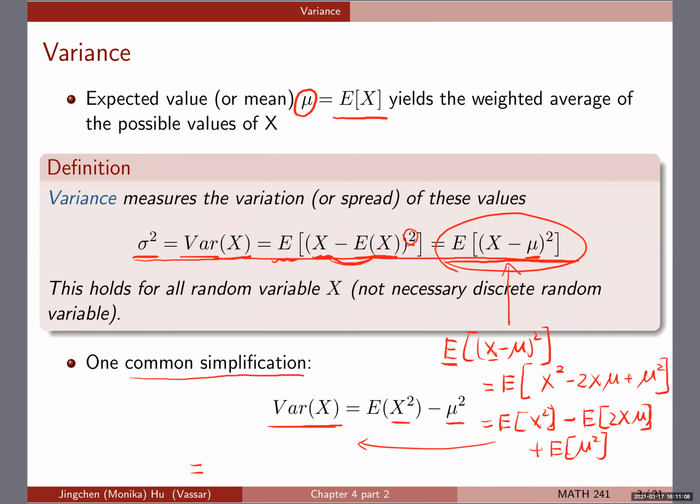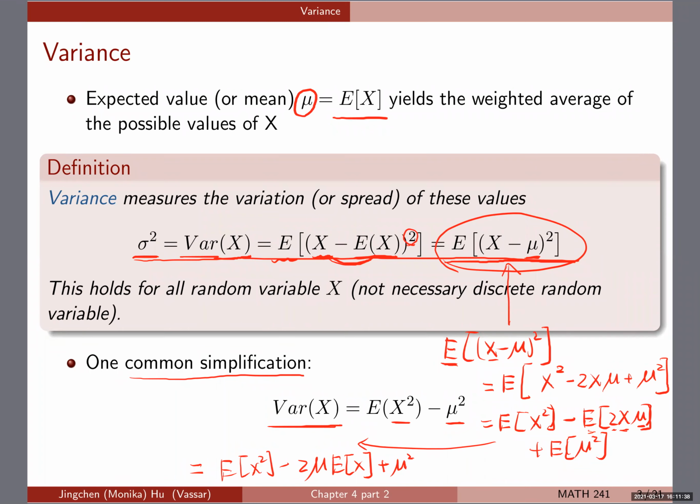Here mu is a constant, because the expectation is taken with respect to X. The 2 is also a constant, multiplied with a random variable, so we can bring the 2 mu outside of the expectation. And of course, like I said, mu is a constant, so mu squared is also a constant, so this becomes just mu squared.